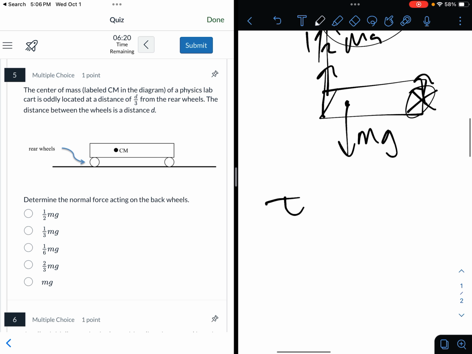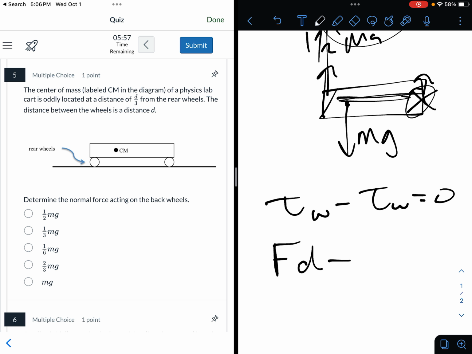So in other words, torque of the wheel minus torque of the weight is going to equal 0. The torque of the wheels is going to be the force that we're solving for, times the distance d between the wheels. We don't need to worry about sine theta or cosine theta because the force is completely perpendicular to the lever arm.